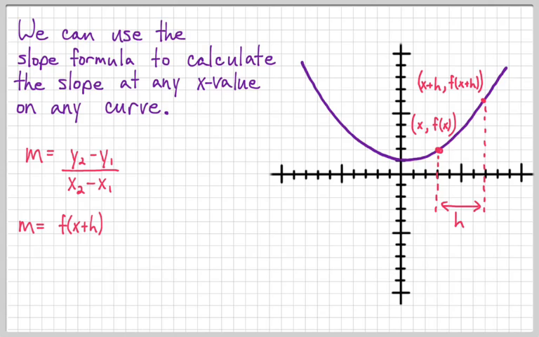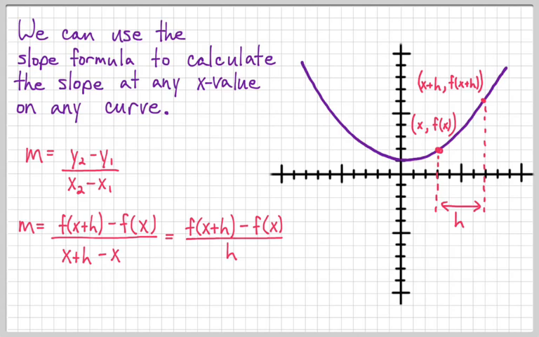So when I plug these into my formula, y2 minus y1 looks like this, and on the bottom x2 minus x1 looks like this. The only thing we really can do to simplify it is to combine like terms in the denominator.